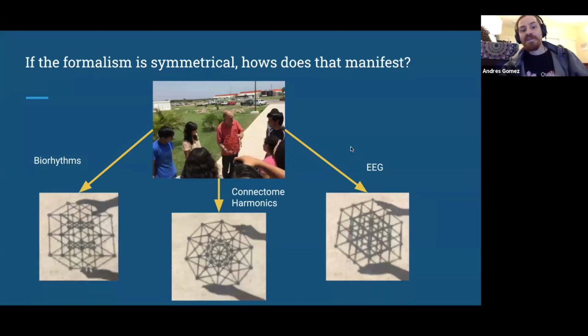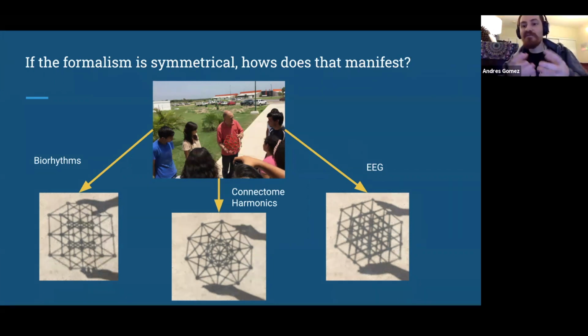When we say the state of consciousness is highly symmetrical, let's say 5-MeO-DMT or jhanas, we expect this to show up in many ways. If you look at biorhythms like heart rate and breathing, symmetry is going to show up there, a different kind of projection.